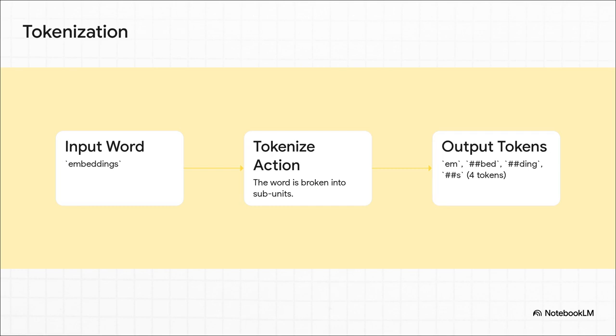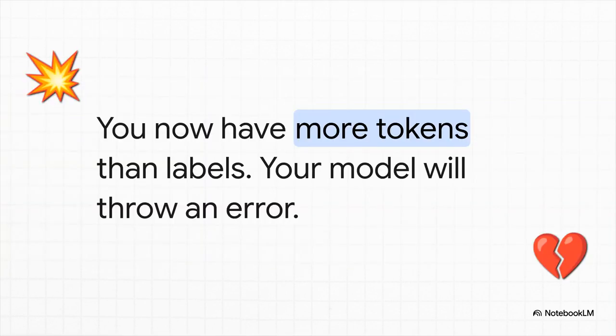To handle a massive vocabulary, it's smart, and it breaks words down into smaller subwords or word pieces. And just like that, our single word has become 4 separate tokens. And right there, that's the problem. We now have 4 tokens, but we still only have that one single label from the beginning. If you try to feed this mismatch to your model, it's just going to crash. The inputs and the labels absolutely must have the same length.